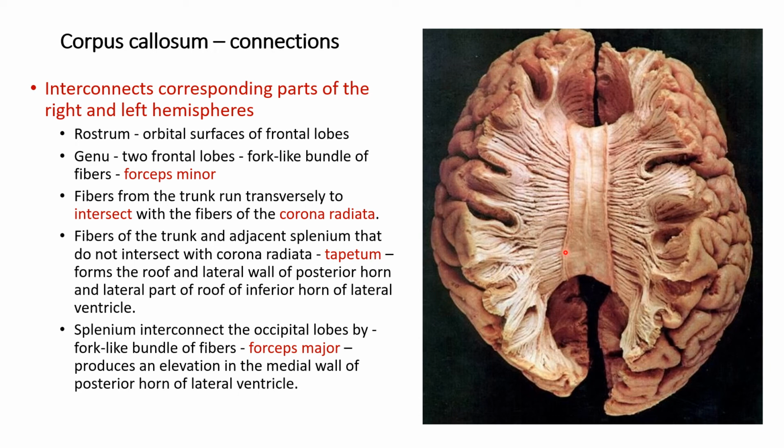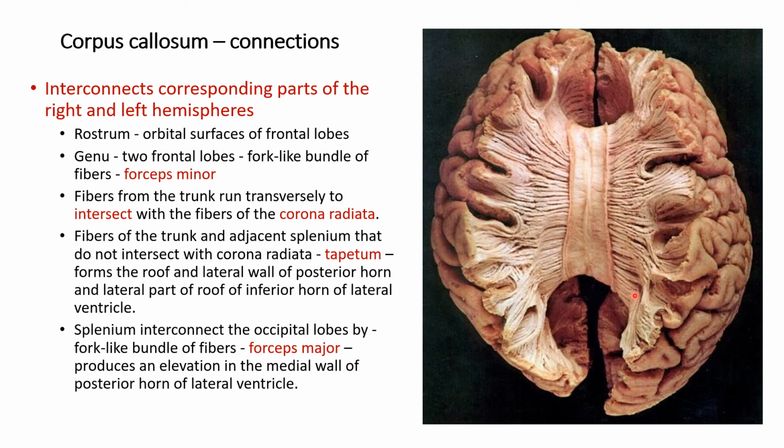And the fibers of the splenium interconnect the occipital lobes of the cerebrum by means of a fork-like bundle of fibers known as the forceps major. Anteriorly is the forceps minor. This is the forceps major. The fibers of the forceps major produce an elevation in relation with the medial wall of the posterior horn of the lateral ventricle, which we call the bulb of the posterior horn.